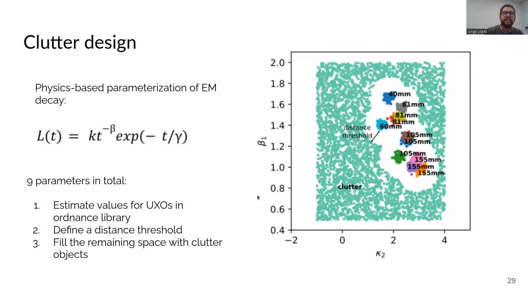Then we define a distance threshold, the one shown here, and fill the rest of the parameter space with random samples. This generates decay curves associated with metallic objects that are not similar to the UXOs.